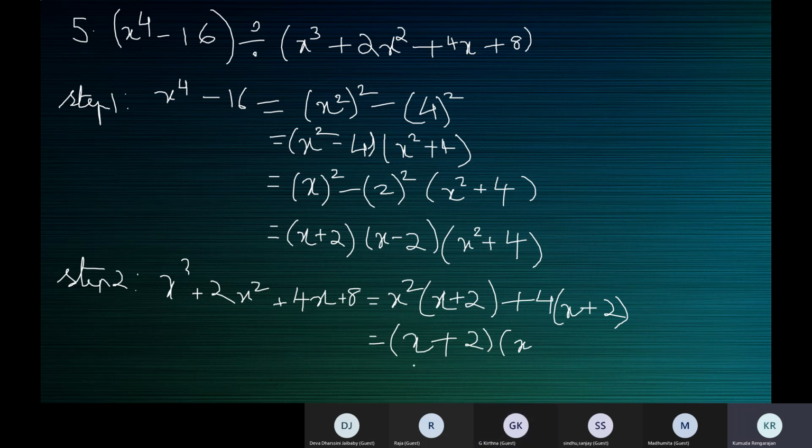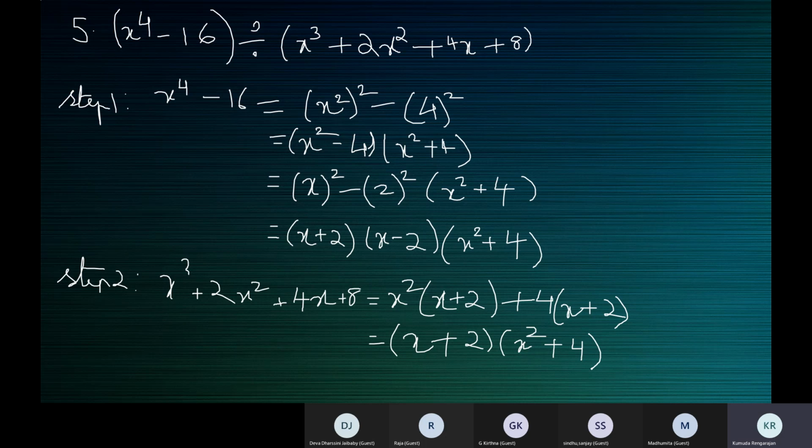Then gather the remaining terms. x plus 2 into x squared plus 4.